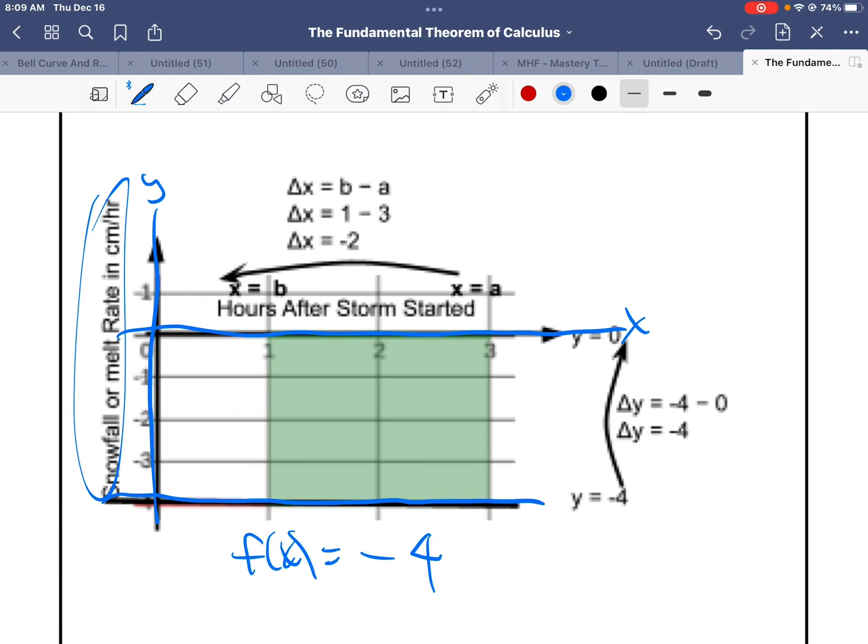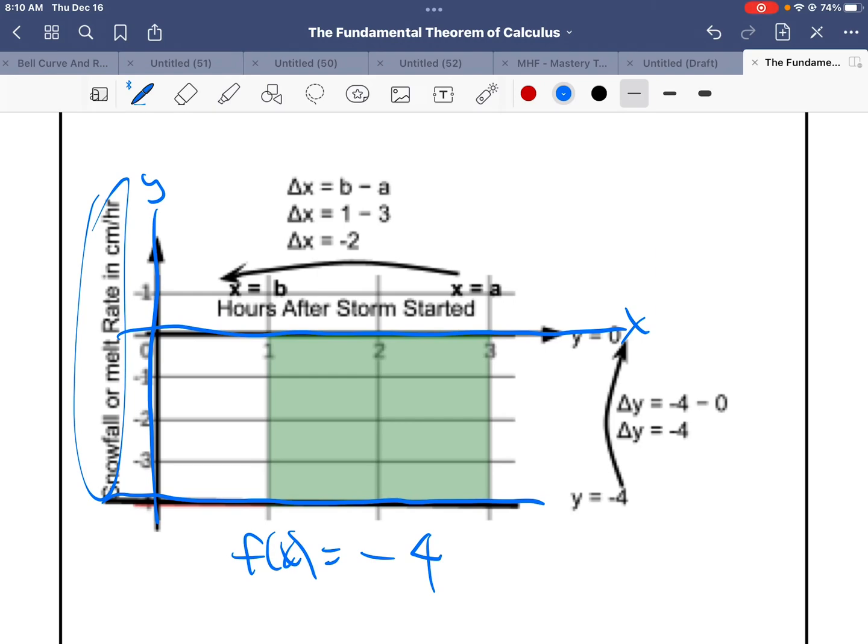By the way, if the snowfall or melt rate is negative 4, are you getting more snow or less snow? Well, the snowfall rate is negative 4 centimeters per hour. If you have negative 4 centimeters per hour moving to the right in positive time, then of course you're going to have less and less snow every hour. So it's melting. A negative rate in this case indicates that snow is melting.